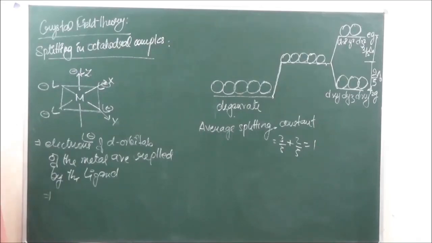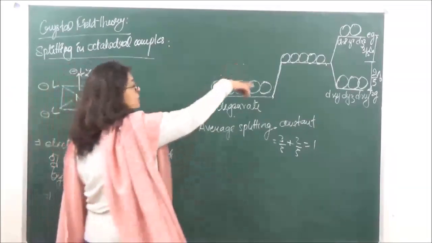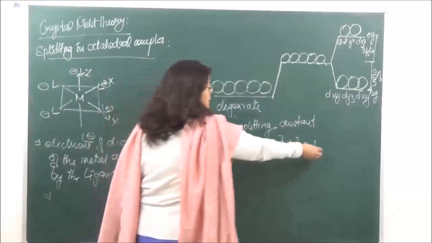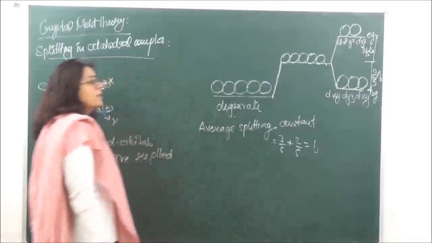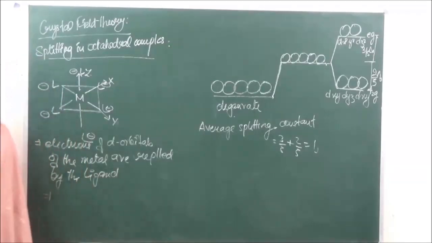And this is known as what? This is known as crystal field splitting energy, or it is also known as crystal field stabilizing energy. So the splitting energy which we have calculated over here as 1, 2 by 5 for T2g and 3 by 5 for Eg, is known as the crystal field splitting energy. Is it clear? So the total energy of the d orbitals will not change.